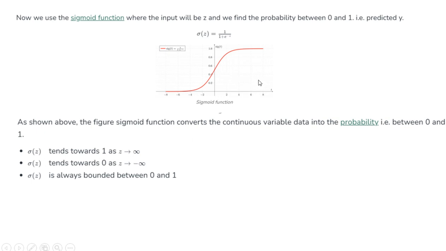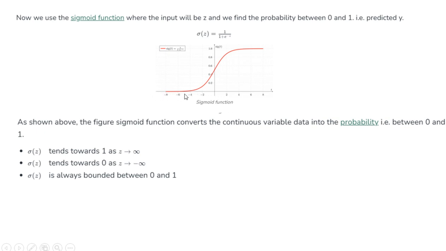You can see this in this figure, right? Sigma of z is nothing but this red line. So sigma of z will go to 1 as z, the x-axis, goes to infinity. Similarly, sigma of z tends to 0 as z tends towards minus infinity.